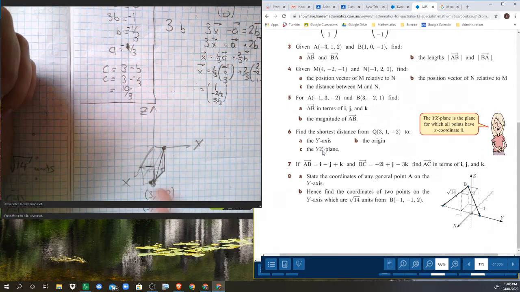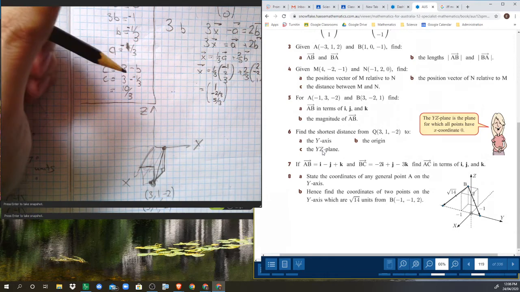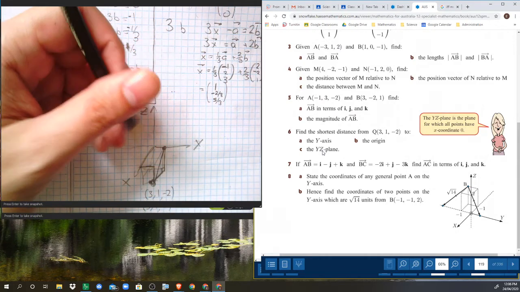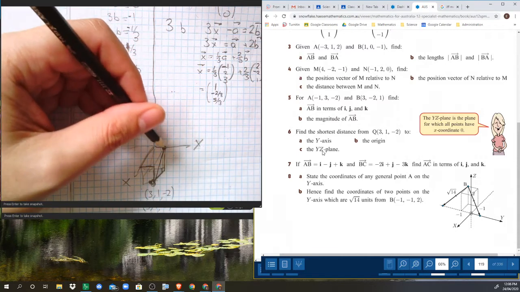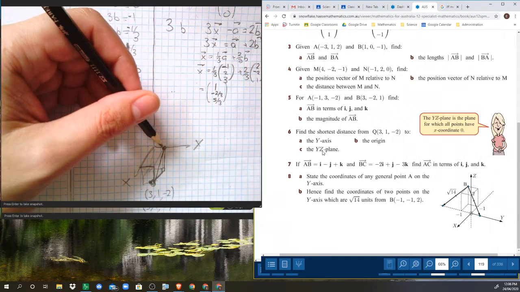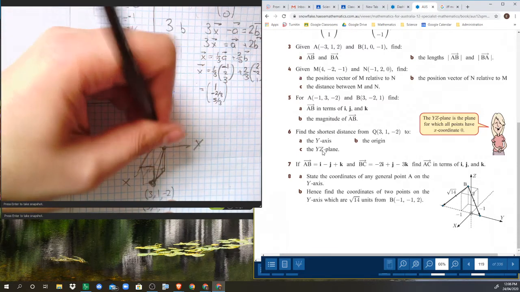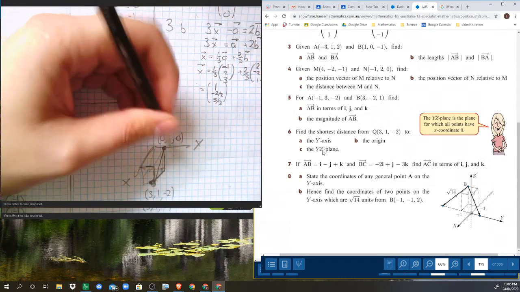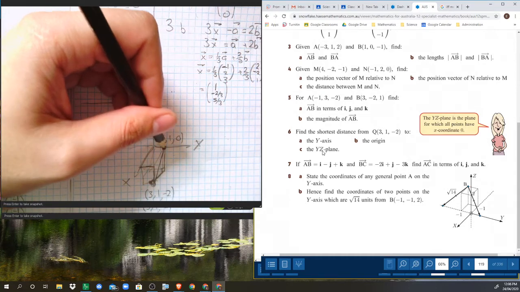I've drawn this kind of conceptually. I can't measure these, I can't draw a scale diagram and make this happen. But what's special about the y-axis? Well, it's where z and x equal 0. Then this point here is 0, 1, 0, because we've kept our point in the y.